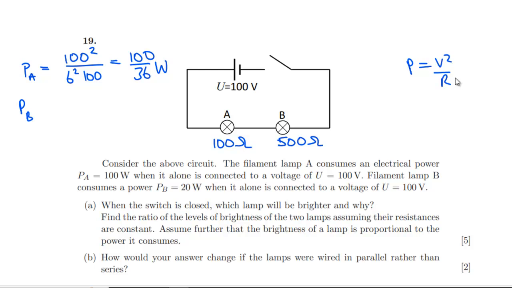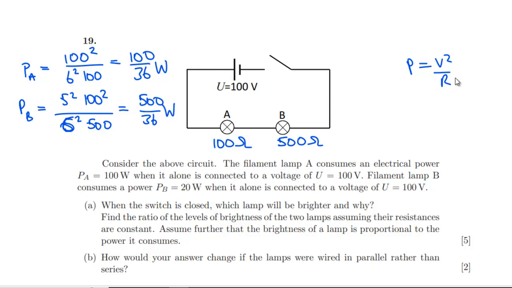The power for B is going to be 5 squared times 100 squared over 6 squared for the voltage, and then multiplied by 500. We've got 500 cancelling top and bottom, so we'll have 500 over 36 watts.